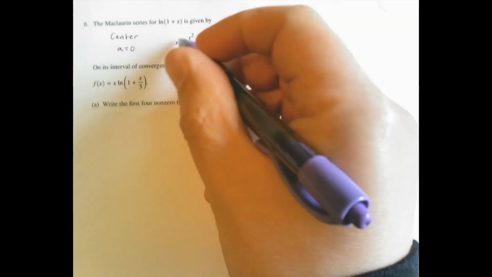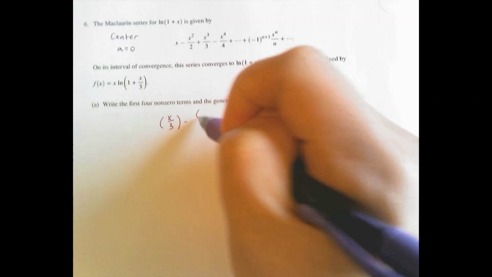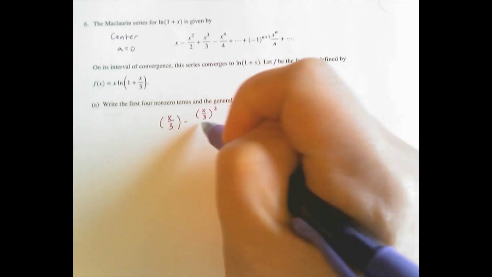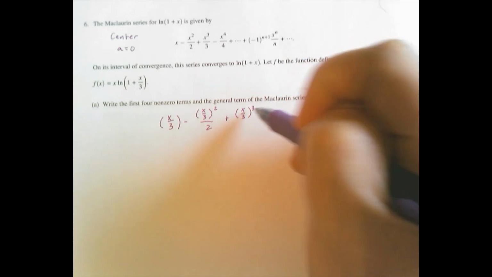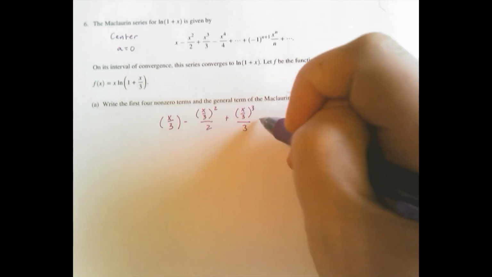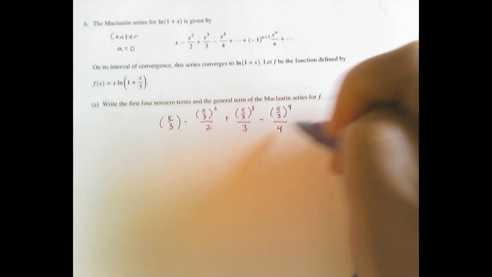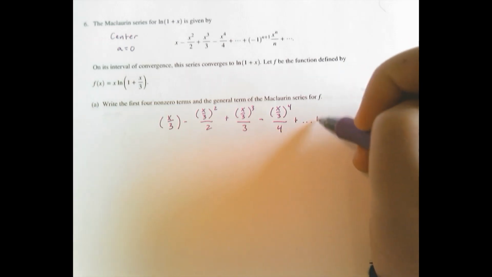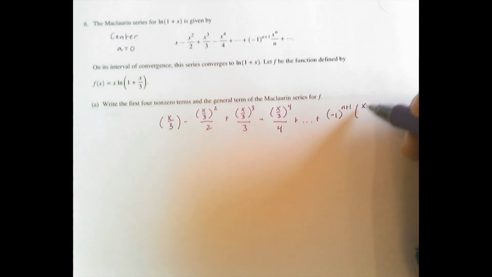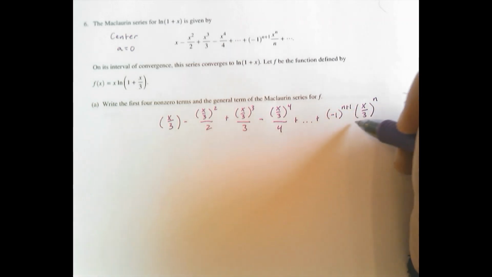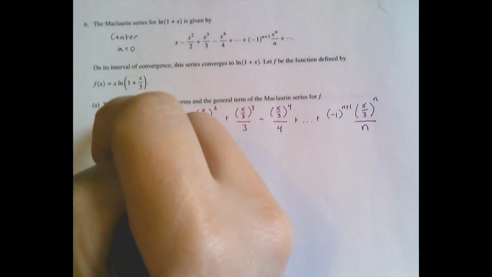So our series goes to x over 3 minus x over 3 squared over 2 plus x over 3 to the third over 3, and then the general term, we still have the alternator, and then the x over 3 replaces the x. And we have that. So this is the expression for ln of 1 plus x over 3.